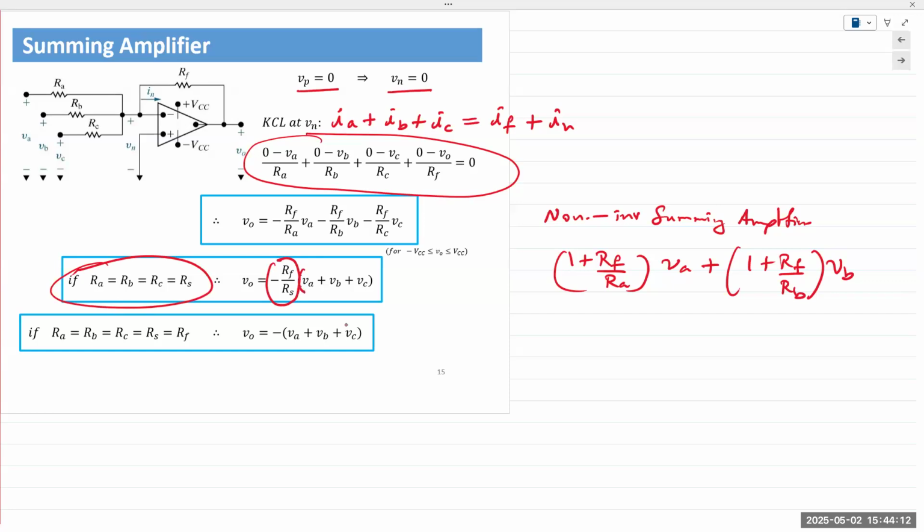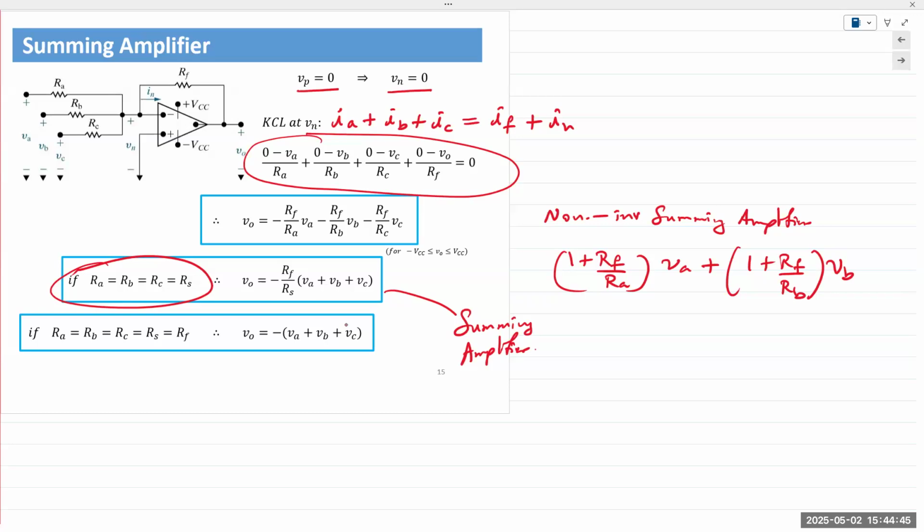And then the inputs VA, VB, and VC are all summed up. From this expression, it's quite clear that it's a summing amplifier circuit. All the inputs VA, VB, and VC are being summed up, and the overall gain applied to all signals is equal to RF over RS.